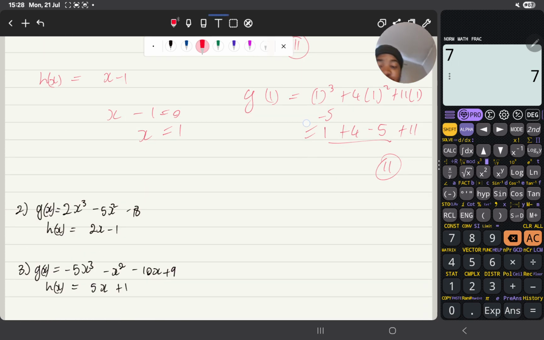So it works. That means if we want a remainder here, you're just going to say 2x minus 1 equals 0, 2x equals 1, x equals half. And then after that you find g of half, which is 2 times 1 over 2 minus 5 times 1 over 2, and this is 8.